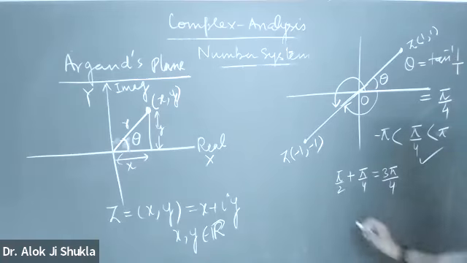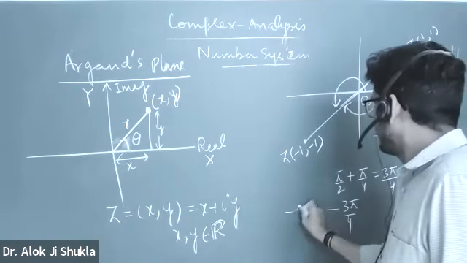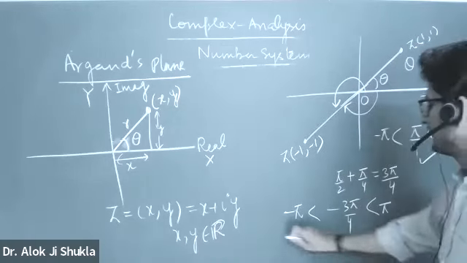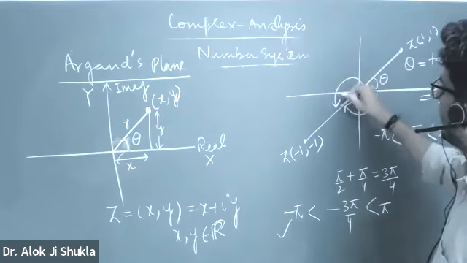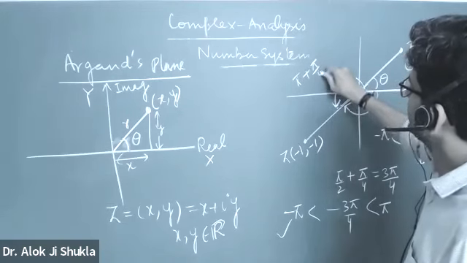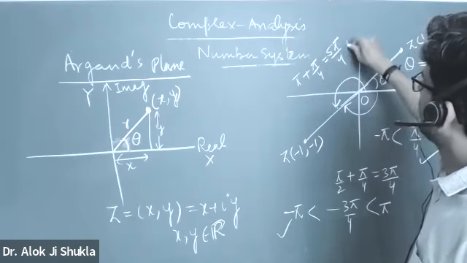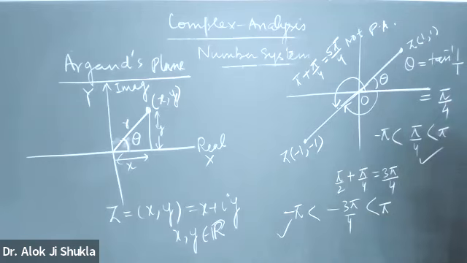So it will become minus 3 pi by 4, which is okay to be the principal argument. It lies between minus pi and pi. So this is the correct answer. If you had written pi plus pi by 4, which is 5 pi by 4, it is an argument, but it is not a principal argument.